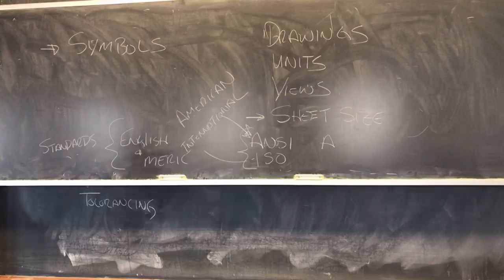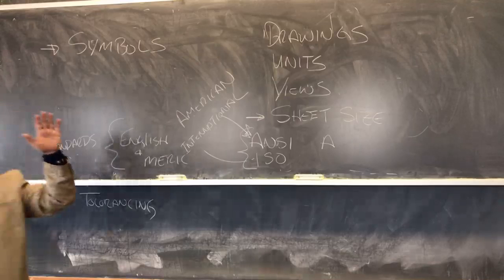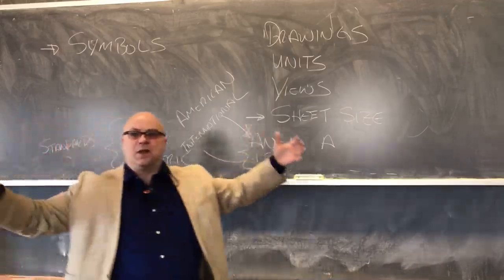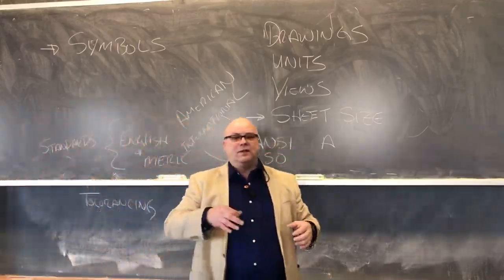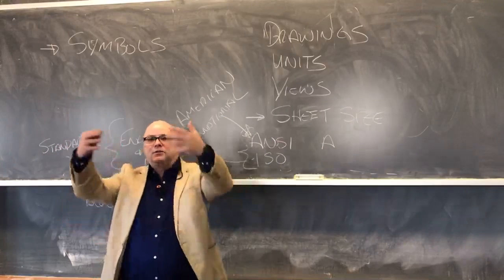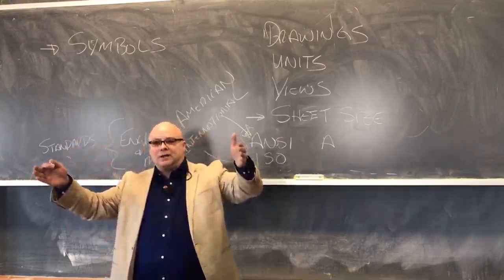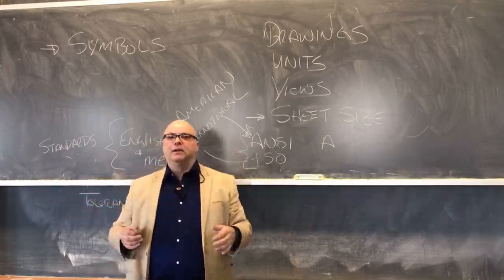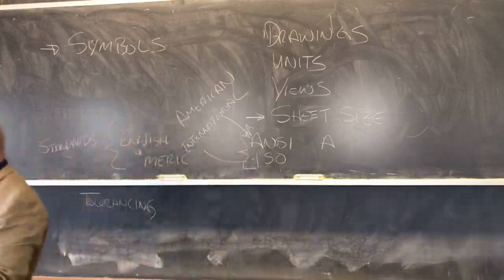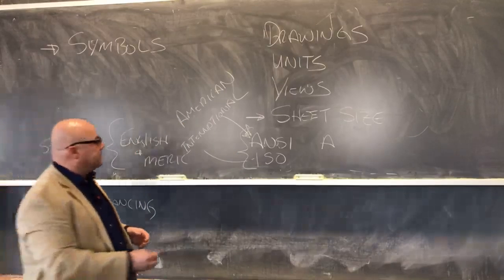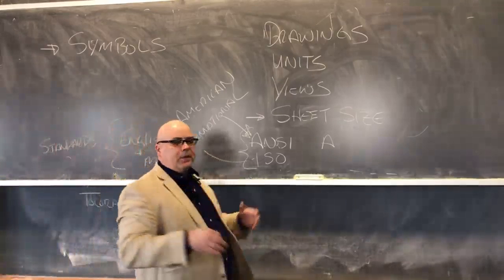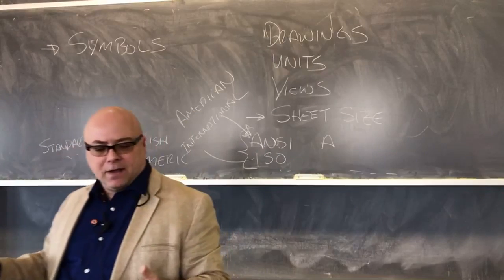Who's ever seen a recall notice on a car or something like that? Yeah, this comes from this ISO stuff. We keep track, so when something fails in the car and causes a recall, they know which ones are affected because they know which ones have that similar part and that similar design in it. So that's ISO 9000. That's not the one we're talking about today, but it's an example of a standard that you may have seen.